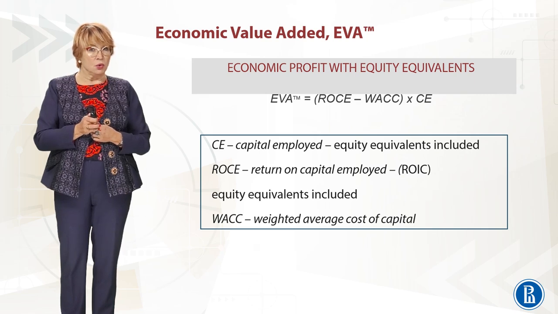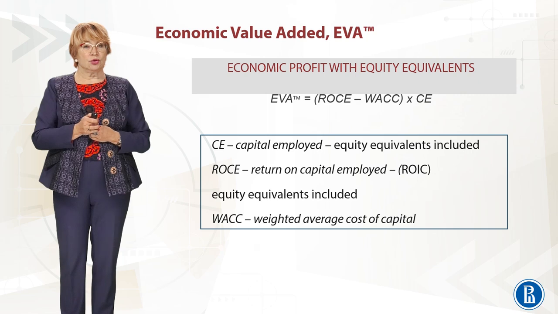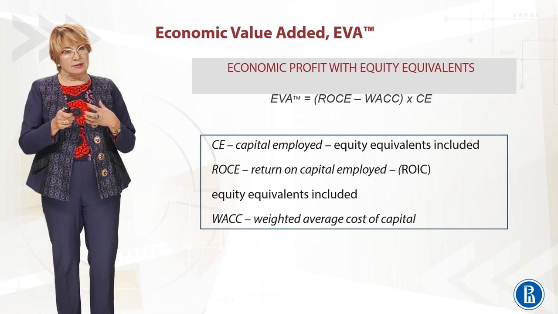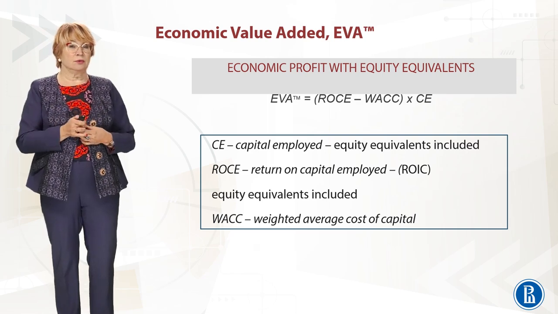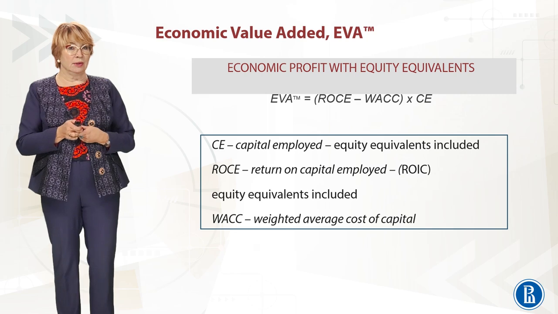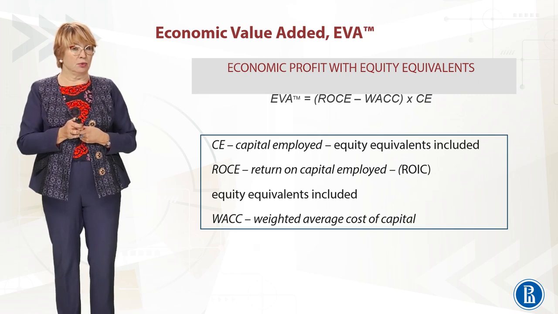But what's new here? You see that the capital employed should include so-called equity equivalence, or a specific sum of the resources which are not properly shown in the financial reports.